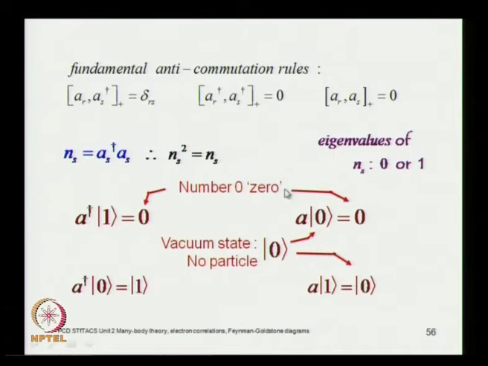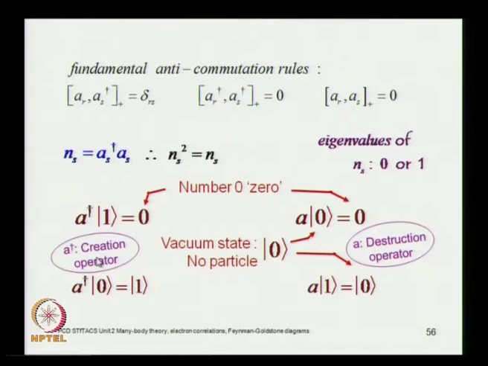So, these are your fundamental properties, and they explain to you why this should be called a destruction operator, why it should be called an annihilation operator, why its adjoint should be called a creation operator, and why this operator a dagger a should be called the number operator. All of these operators acquire a particular significance in the context of the properties they attain from their anti-commutation properties.